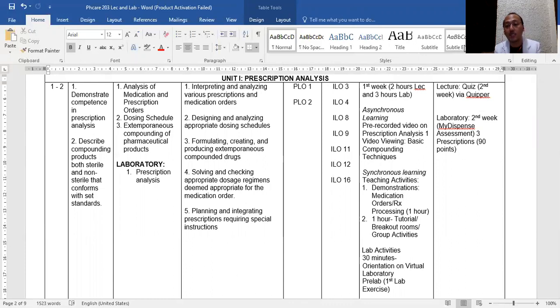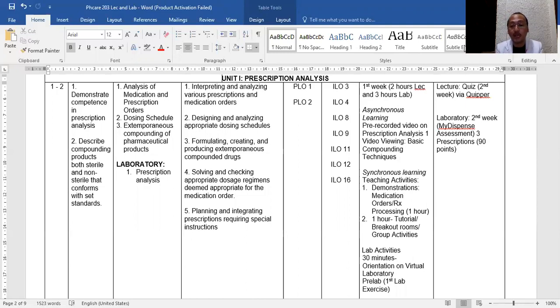After which, we're going to have synchronous learning on teaching activities such as the demonstration of medication order and prescription processes, and also tutorials, breakout rooms, or group activities on the development or demonstration of the medication order or prescription.